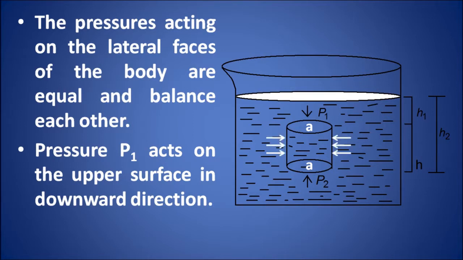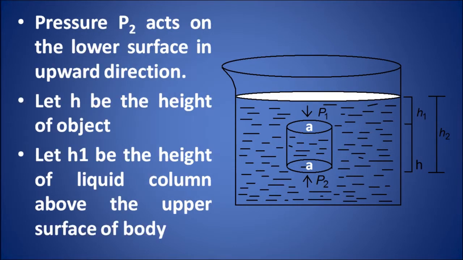This is because at the same depth, pressure is equal. Pressure P1 acts on the upper surface in downward direction. Pressure P2 acts on the lower surface in upward direction.